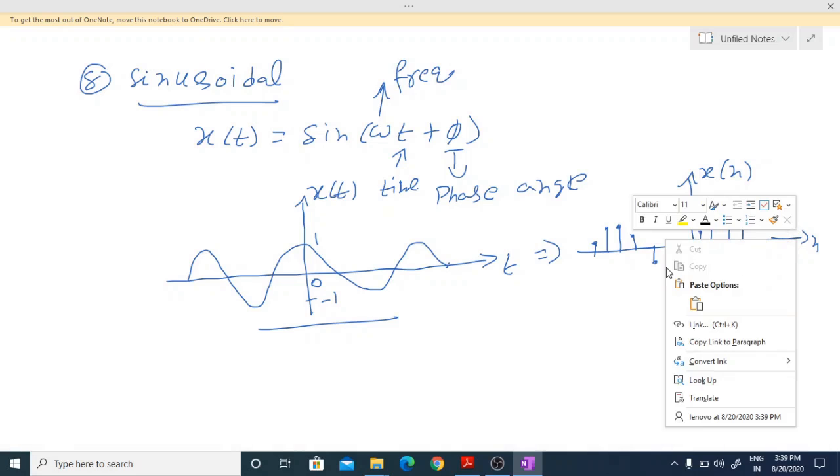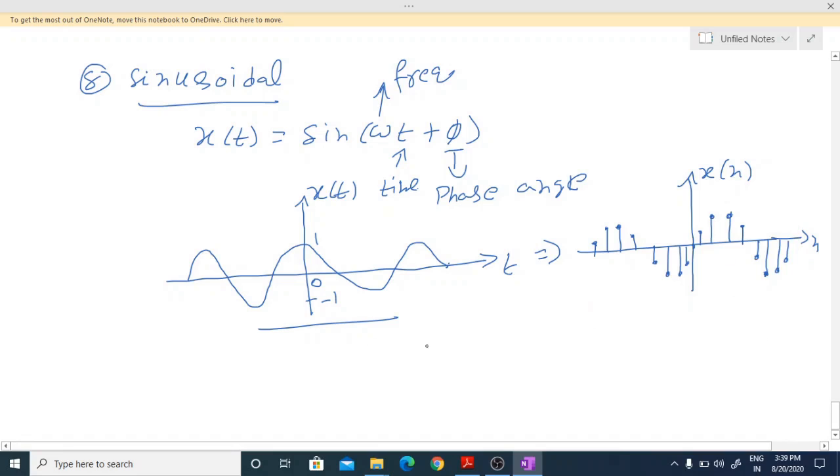So in this fashion, we can represent the sinusoidal signal.